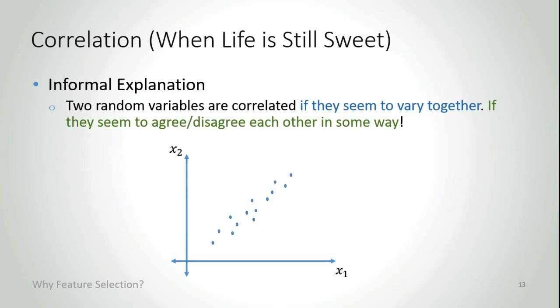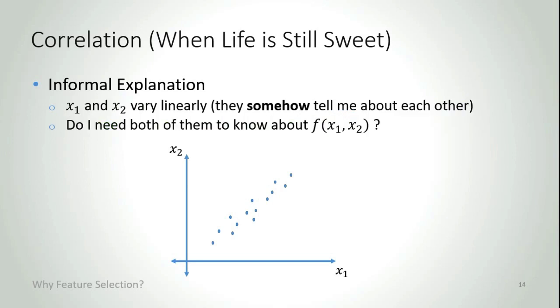So these two features, x1 and x2, are correlated. They actually vary together. You can put a line which explains their change according to each other. Here they actually vary linearly. So do I need both of them to know about the function which is coming out of x1 and x2?